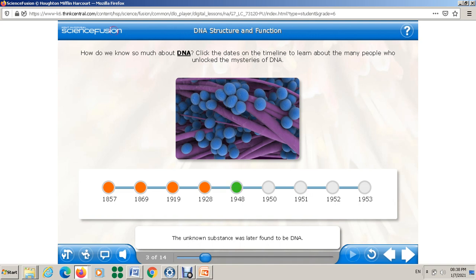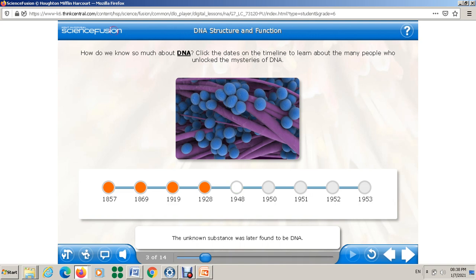Till that time they still said this is unknown. Then they found this factor can inherit traits to other organisms or make disease. Like this one here, which is 1928.